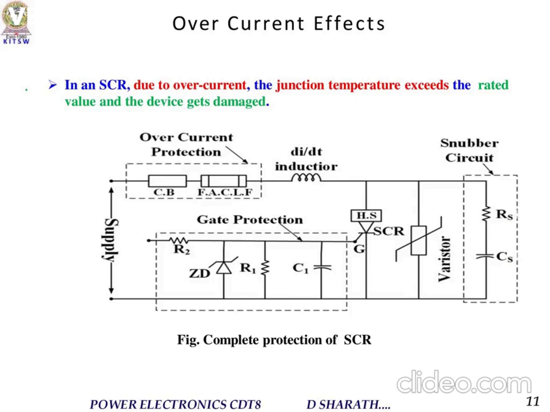In an SCR, due to over current, the junction temperature exceeds the rated value and the device gets damaged. The SCR is very delicate, so it gets damaged by these over currents.